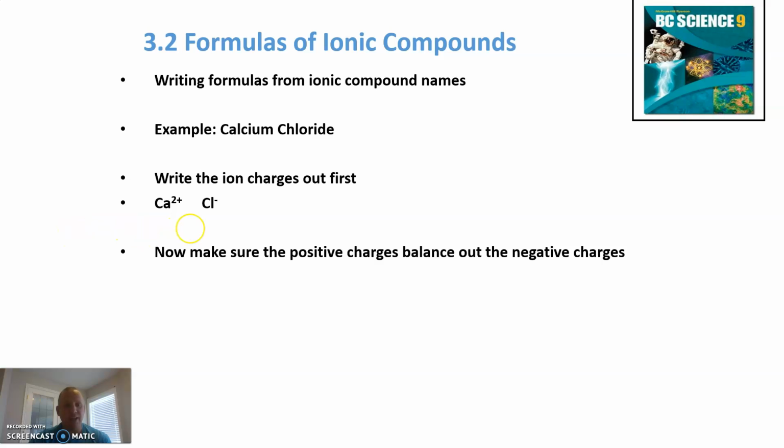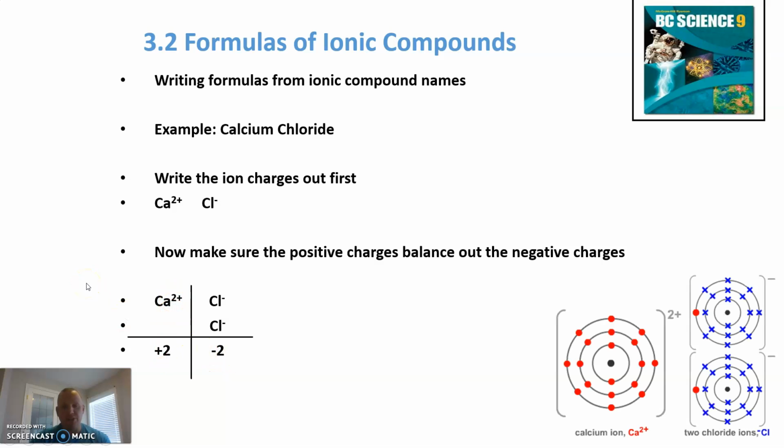So we're going to need more than one atom of each of them. So I like writing them out in a table here. We notice that the right side, the nonmetals are -1, and the left side, the metals are +2. So if we add a second nonmetal, now the negative charges add up to -2. The positive charges are still +2.